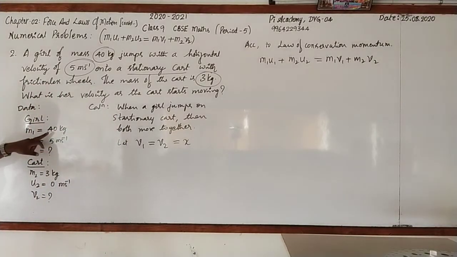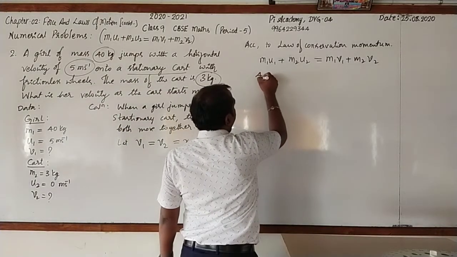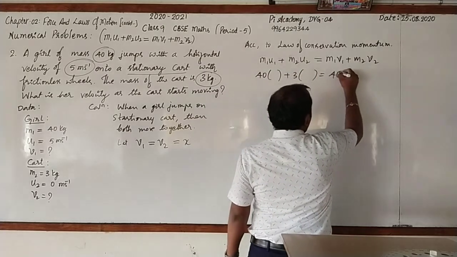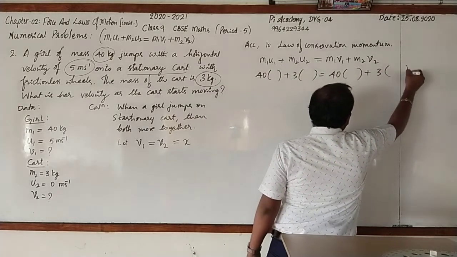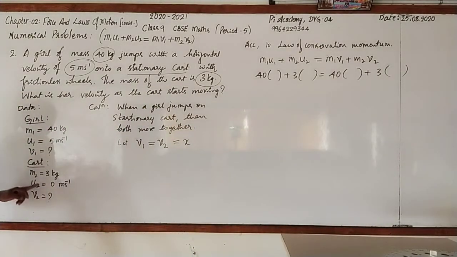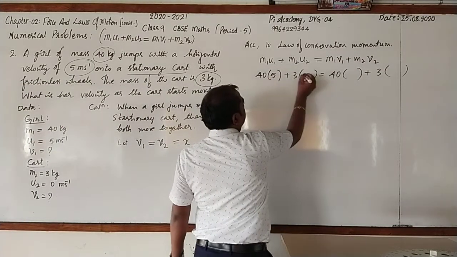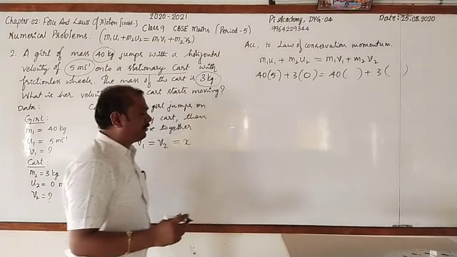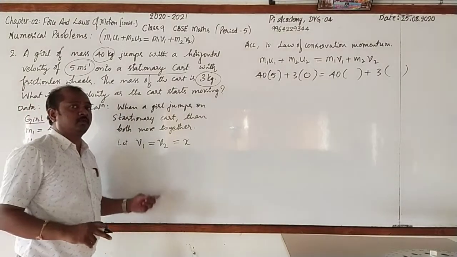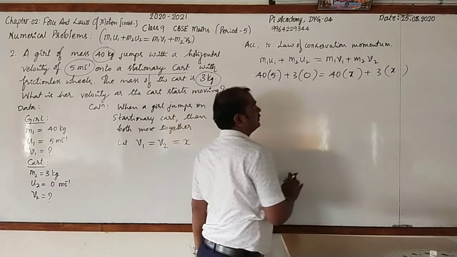M1 and M2. M1 is 40, M2 is 3. Here I'll write 40 into, plus 3 into. Next, U1 and U2. 5 and 0. V1 and V2, both are unknown, but both are equal as they move together. We have taken them as X.